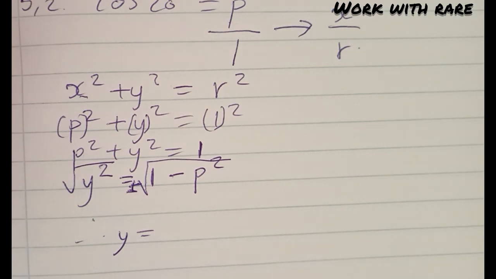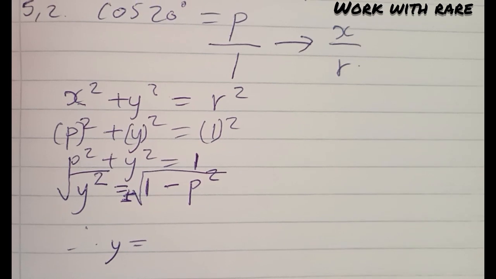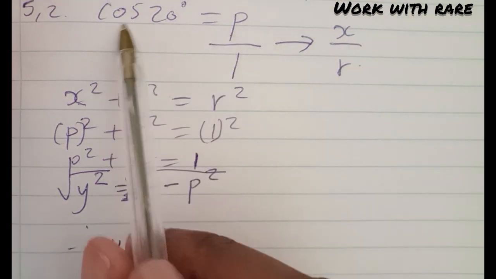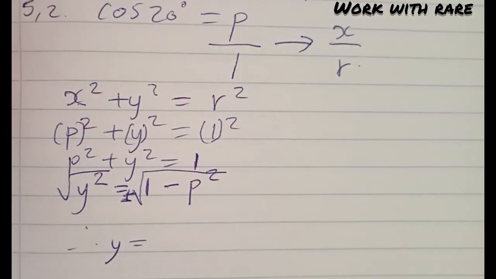So when I conclude, my y value now will be positive. Why? Because this will be in the first quadrant, because we are given this and they didn't say anything about angles, like this will be between this and that, those types of questions. We are just given cos 20 degrees equals p.